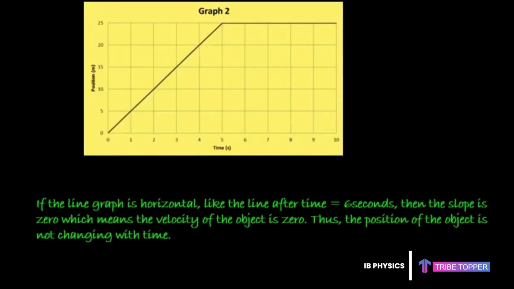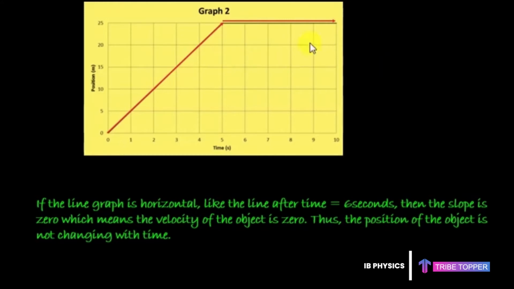Let's look at another graph where we see that from 0 to 5 seconds, this is a straight line going up, but after 5 seconds, it becomes a horizontal line, and this is a position time graph. Since it's a position time graph, the first half, that is 0 to 5 seconds, indicates a linear relationship.